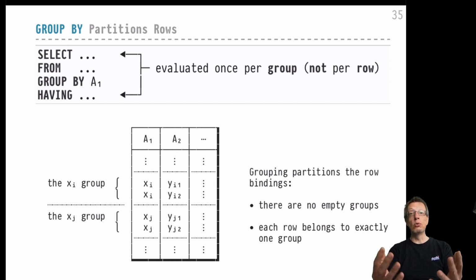There are of course no empty groups. A group always has the minimum size of 1. The maximum size of a group is the cardinality of the entire table in the case that all rows of the input table agree on the grouping criterion, for example, the A1 values here. That would be some pathological case.